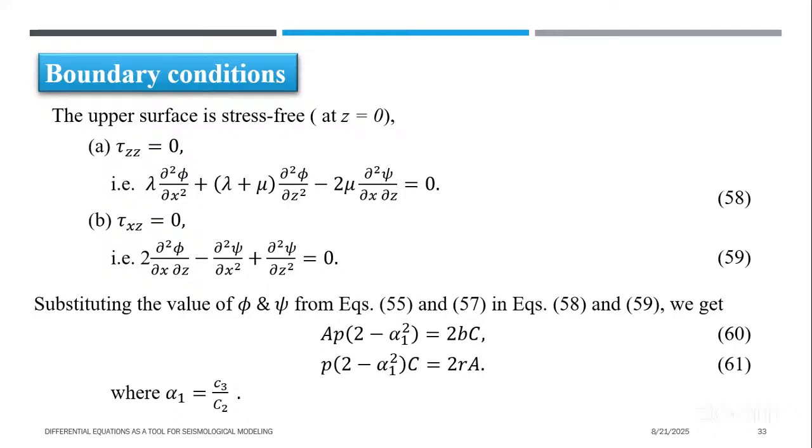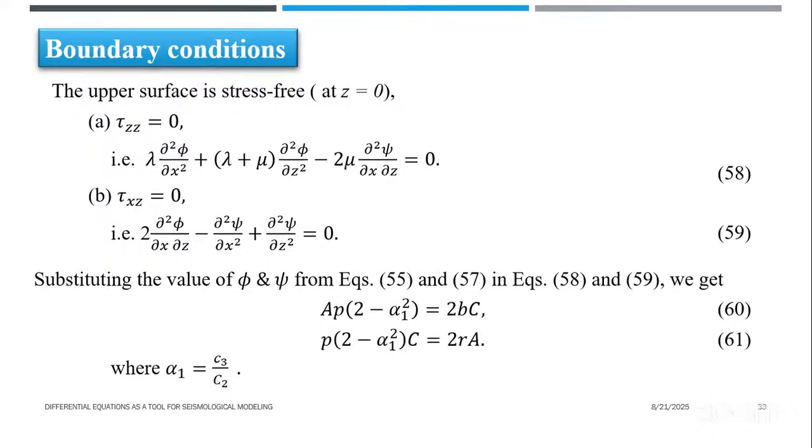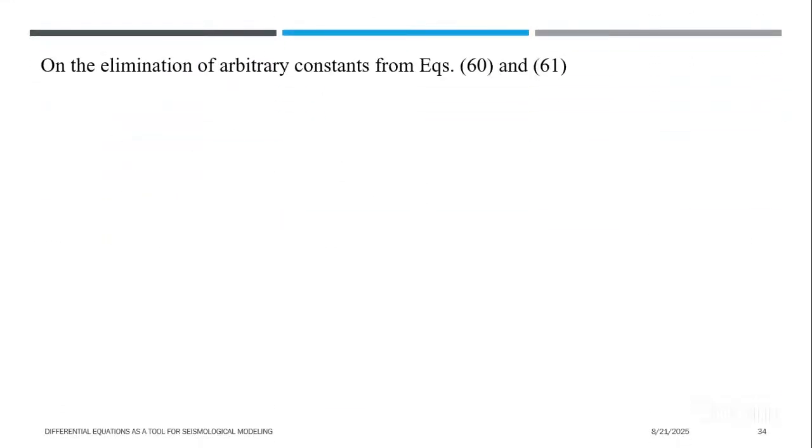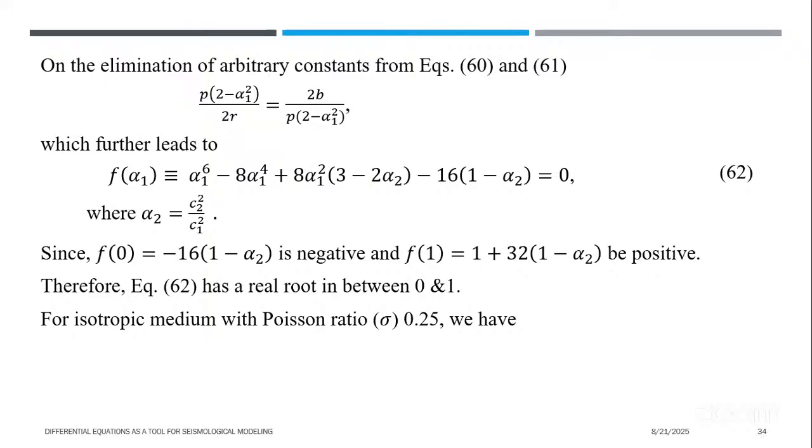We just need to find this alpha 1 value, and we are getting a 6-degree polynomial equation in alpha 1. This alpha 2 is a known quantity. This is C2 by C1, and this quantity is less than 1. Why? Because C1 squared is lambda plus 2 mu by rho, and C2 squared is mu by rho. So that is less than 1. We calculated F0, which comes out negative because alpha 2 is less than 1.